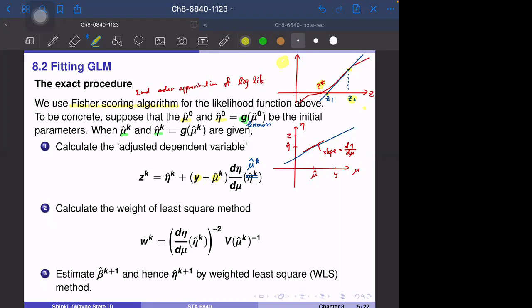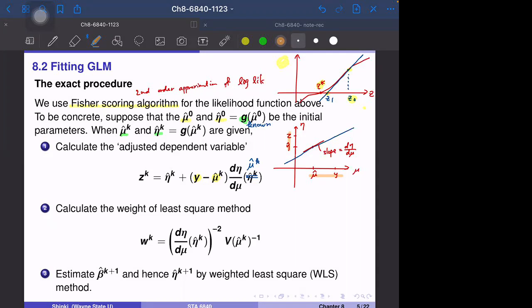But we want to estimate in terms of eta rather than mu. So if we have the difference between y and mu, we want to translate this into the difference between eta hat and the corresponding value z, I mean the z corresponding to y.